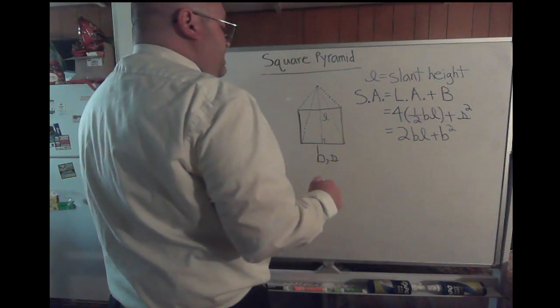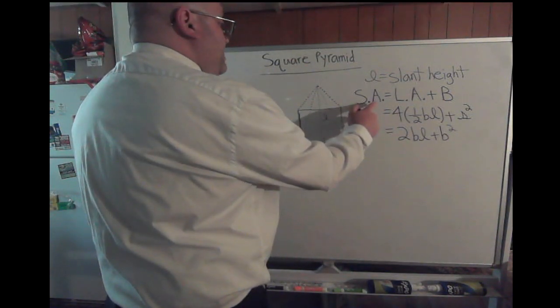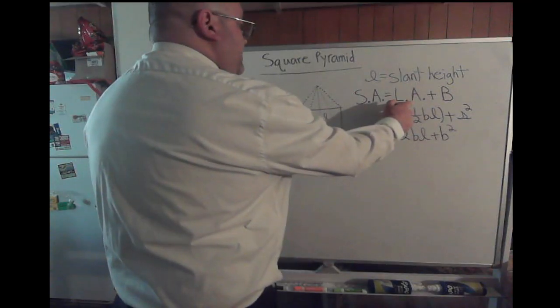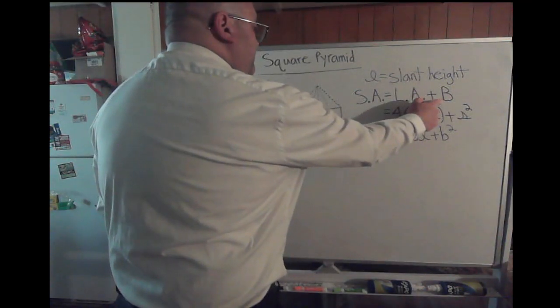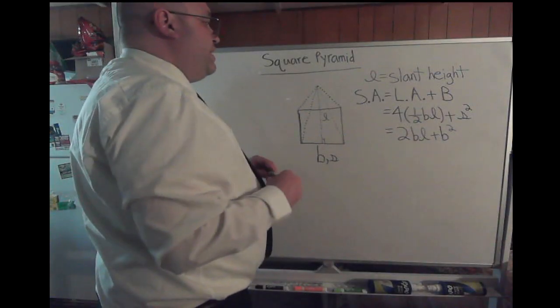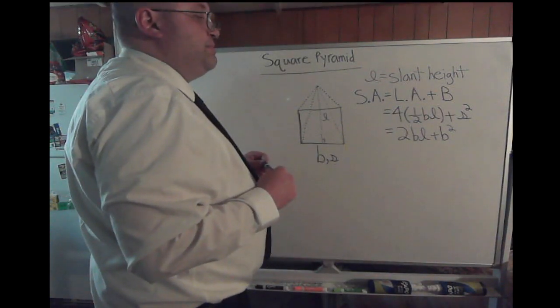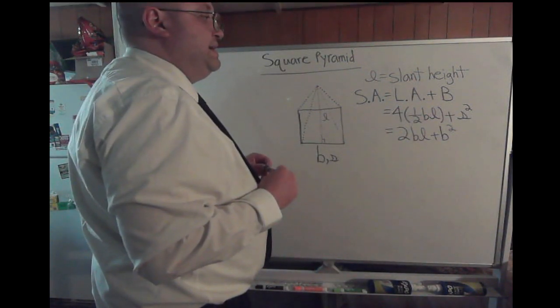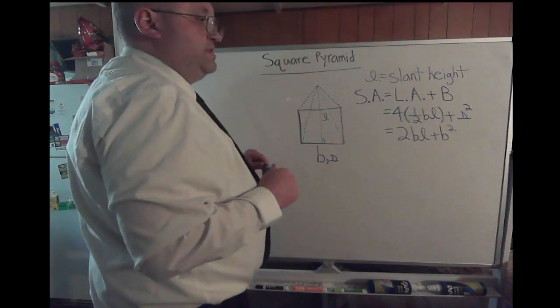So the surface area of a pyramid is the lateral area plus the area of the base. Well, the lateral area is different when it comes to pyramids and cones than it is with prisms and cylinders.